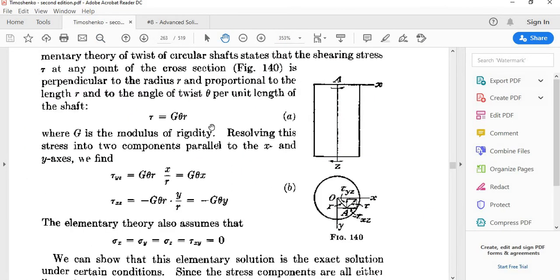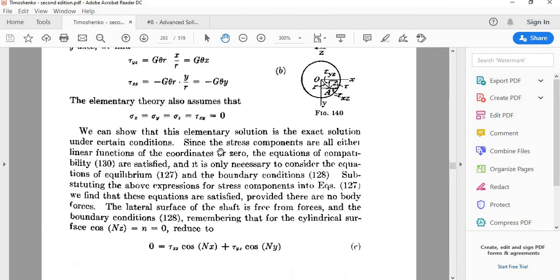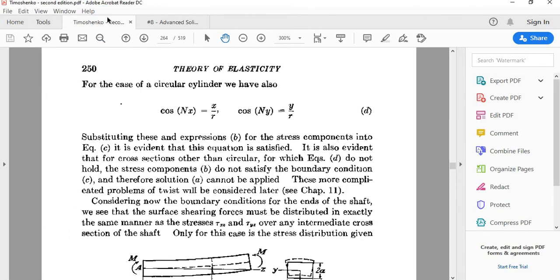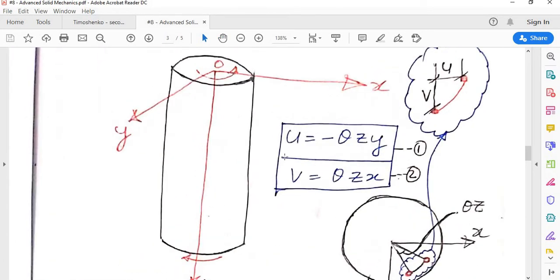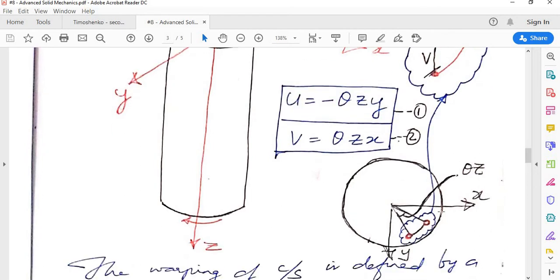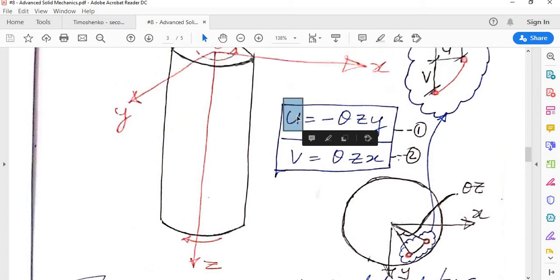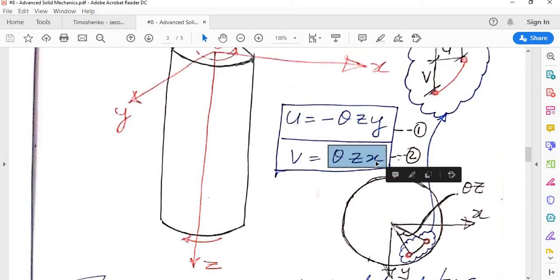The same expression was used here. So due to the twist of the cross section, this is your net displacement along the x direction, which is u, and this is the net displacement along the y direction, which is v.